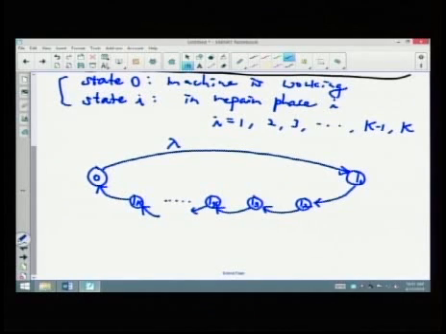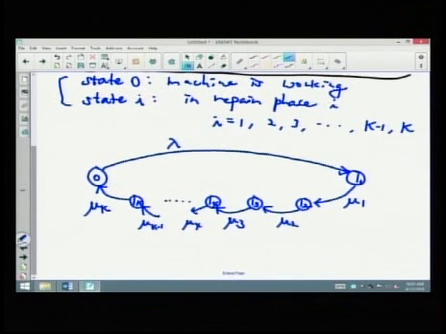So this is going to be mu1, mu2, mu3, and mu4. This is going to be mu k minus 1. And then finally we have mu k down here. After that, the machine is working. Okay. Does that make sense? Is that right?